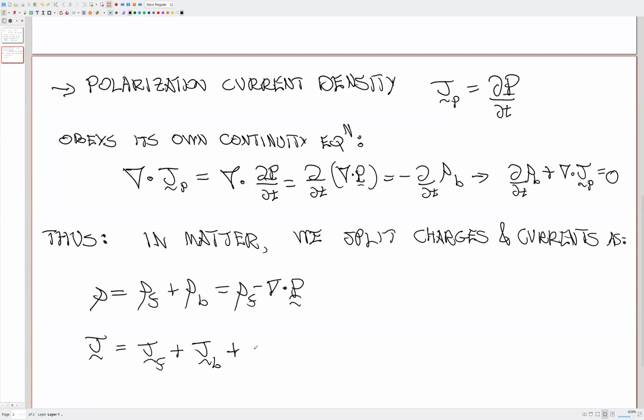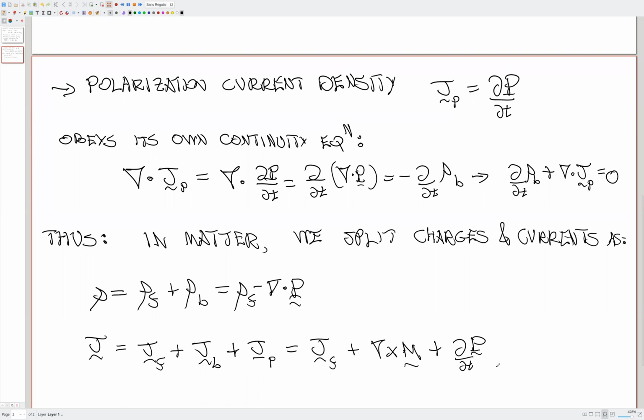And now there's going to be the polarization current that comes from the time dependence of the polarization. Okay, so if I just rewrite these things in terms of their definitions, I've got the bound current that just comes from the curl of the magnetization. And now we've seen that the polarization current is just the time derivative of the polarization.